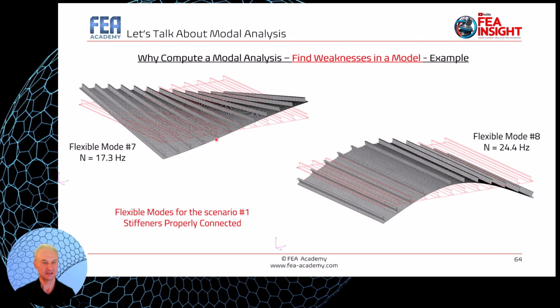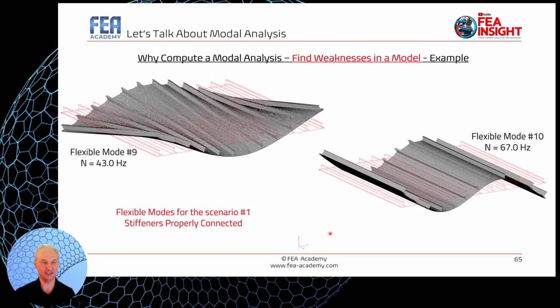So everything is perfect. And even in the high order modes, everything is moving together, the stiffeners with the panel. So it's a very good validation for scenario 1. Rigid modes and flexible modes, it is what I expect in terms of continuity of the mode shape.